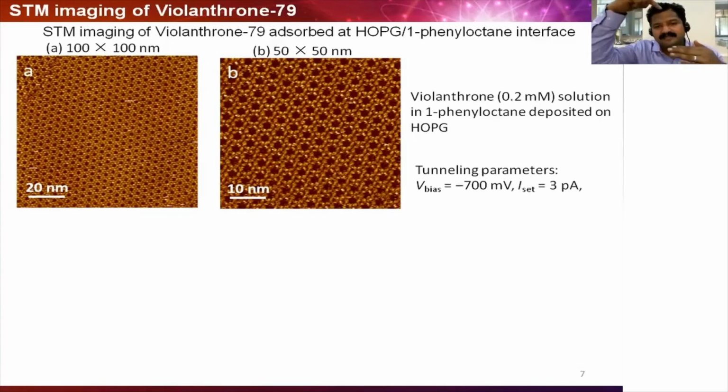Set point current is, according to the principle, what we set when the tip is coming closer and closer to the surface, extremely close, where this tunneling happens. When the tunneling happens, a current is measured, and we can set this value of current. This is called the set point current value.